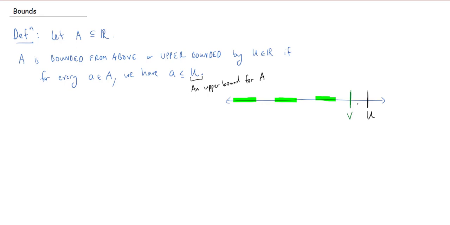Now, it could be that A is not bounded from above. So it might be that these little green highlighted areas just keep going on and on to the right, in which case, if A is not upper bounded or bounded from above, then we're going to say that A is unbounded from above.